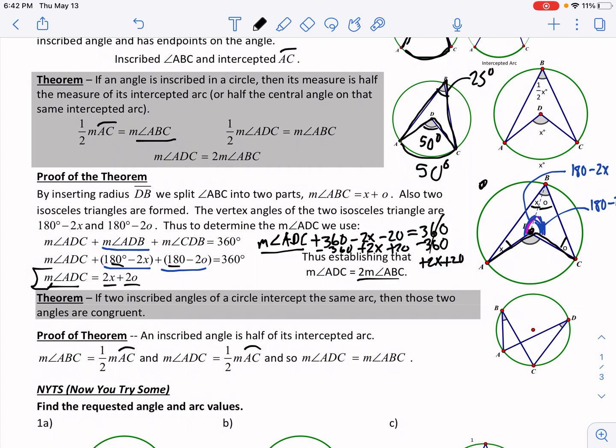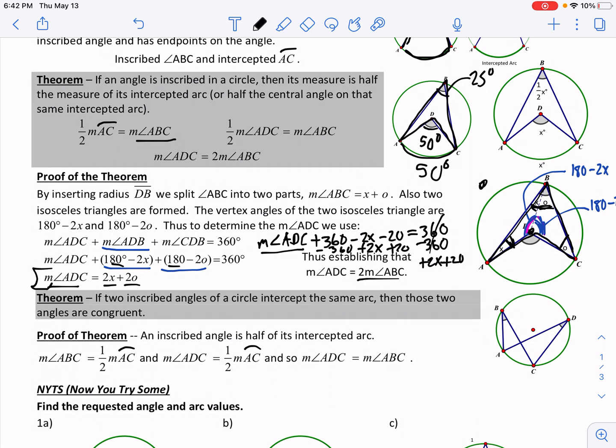Notice that the measure of ABC has an x and an o, right? Notice that we just said that ADC is equal to our XXOO. We'll have another X and another O. So that's two X's and two O's. So in other words, it's double what ABC is, okay?